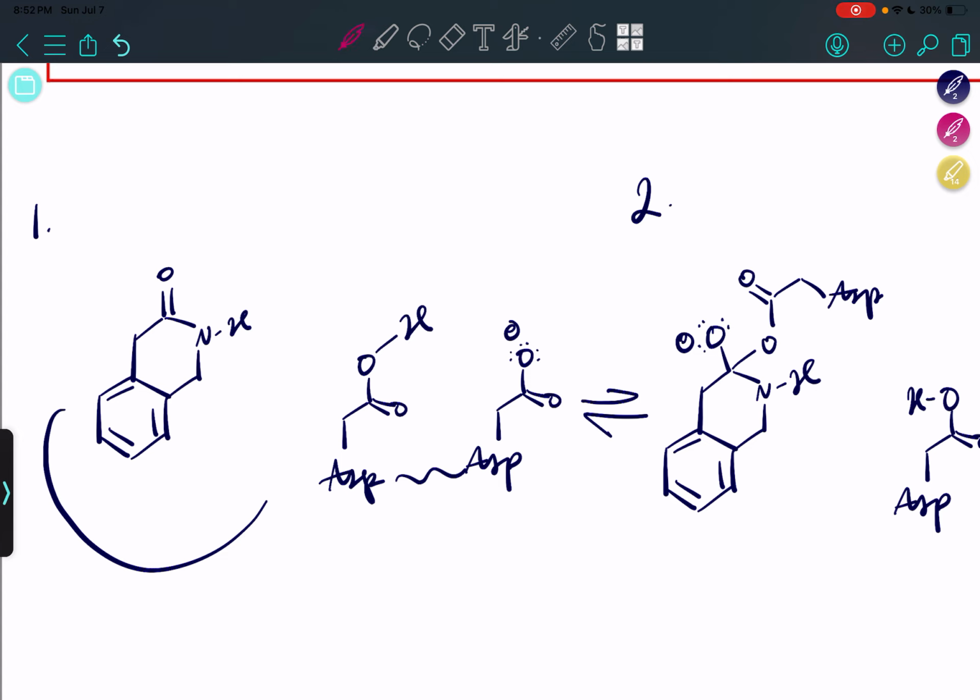So in the first step, our aspartate will act as a base and grab the hydrogen on the aspartic acid, which will then push the electrons in the bond between O and H to the oxygen in the carboxyl group. And that will cause the oxygen in the carboxyl group to become partially negatively charged and become a nucleophile.